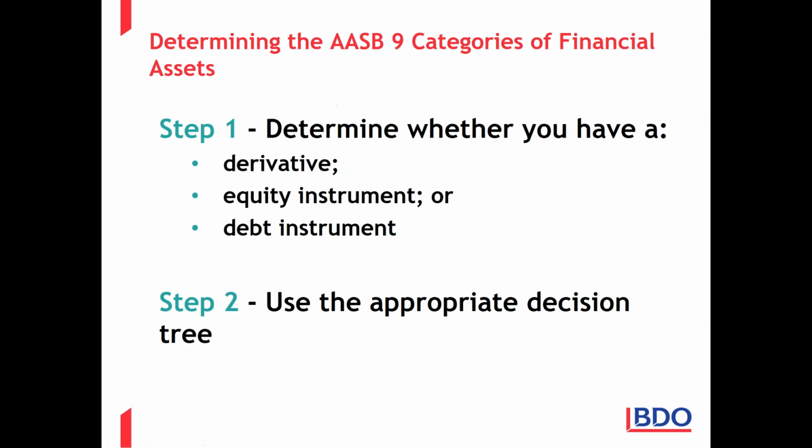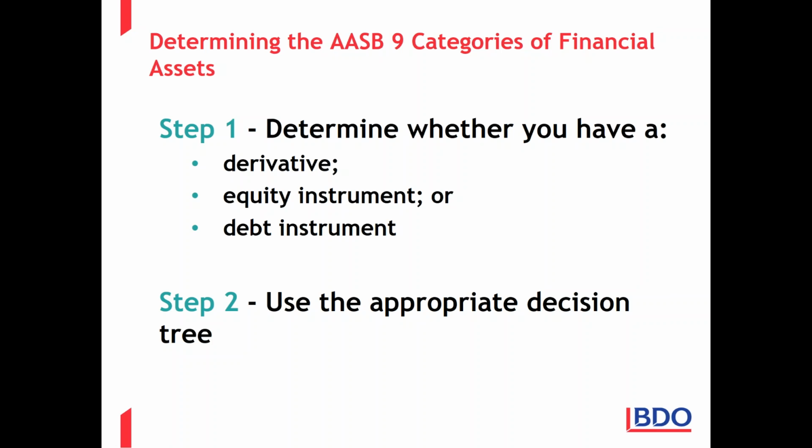All right. So how do we know if we've got a financial asset, what category that financial asset would fall into? So I use 3 different decision trees to determine which category. Remember, we've got 4 categories of financial assets, but to determine which one, I use 3 different decision trees.